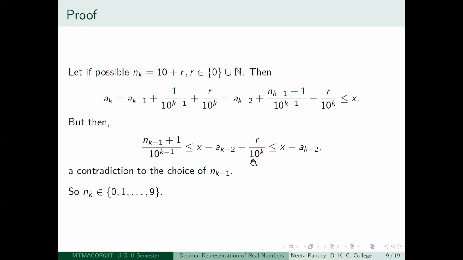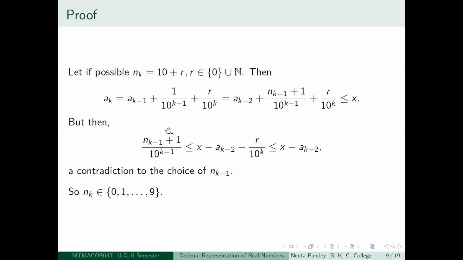And obviously, since ak minus 2 is non-negative and r divided by 10 to the power k is non-negative, in fact only this much is sufficient. You will get that x minus ak minus 2 minus r divided by 10 to the power k is going to be less than or equal to x minus ak minus 2.